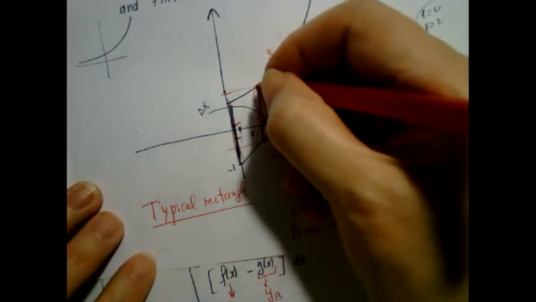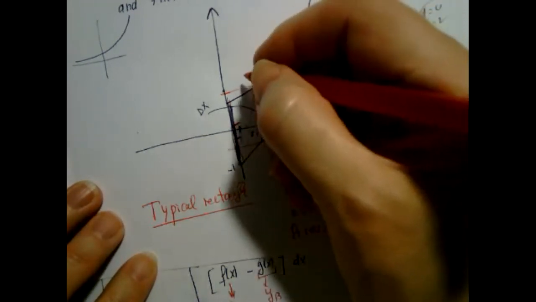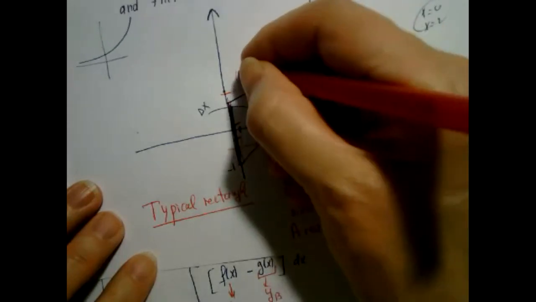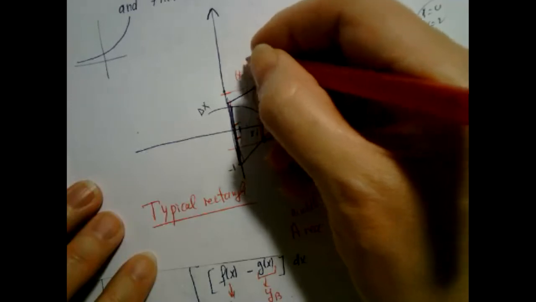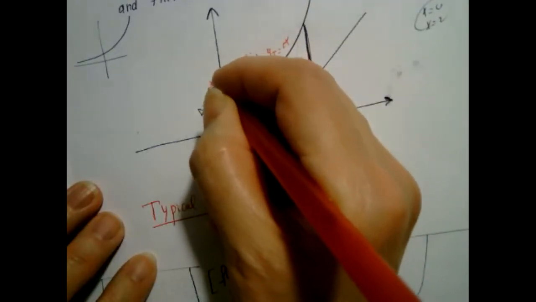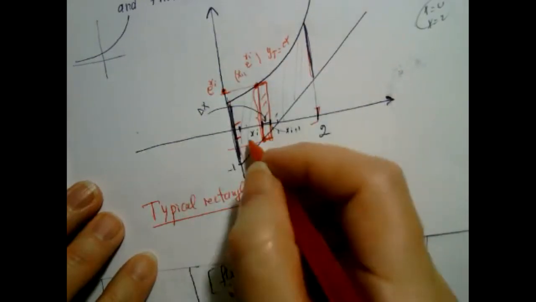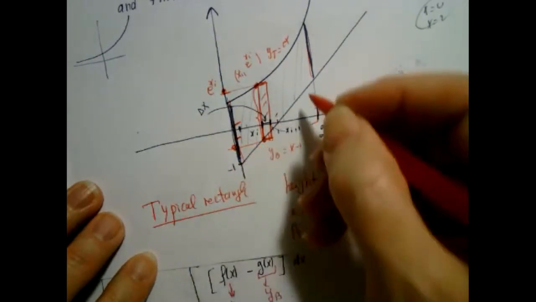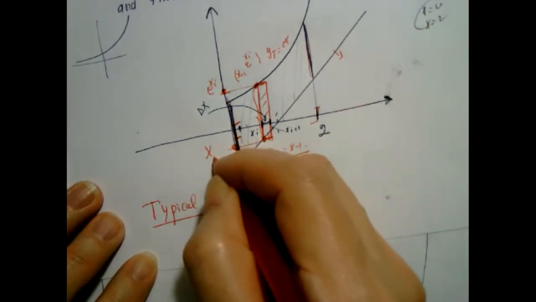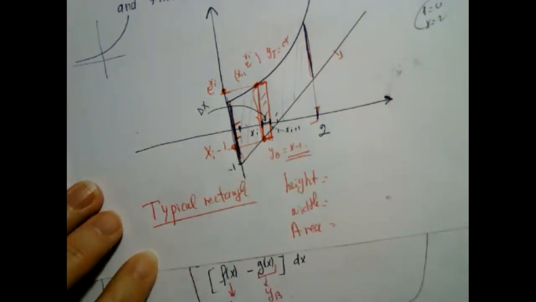What's the height? This point here is x_i. This point up here is e^{x_i}. This point down here belongs to this curve, and this curve is x minus 1. So this point is x_i minus 1.